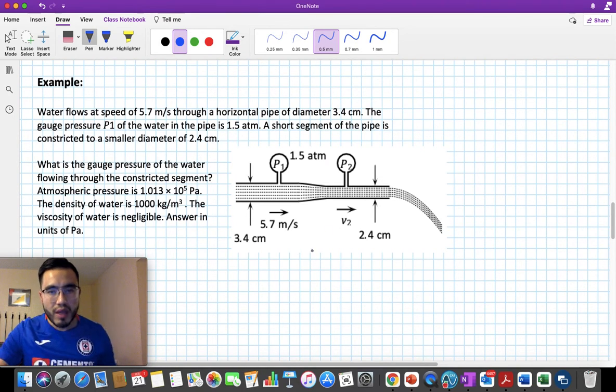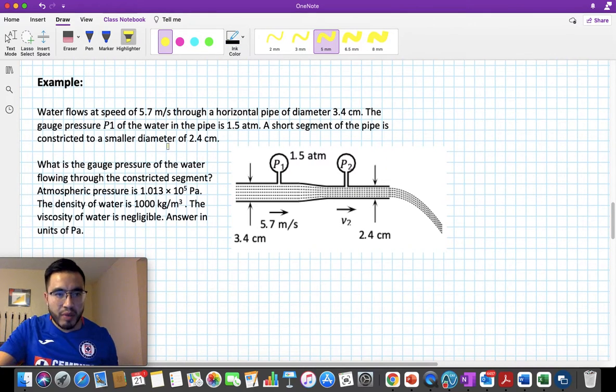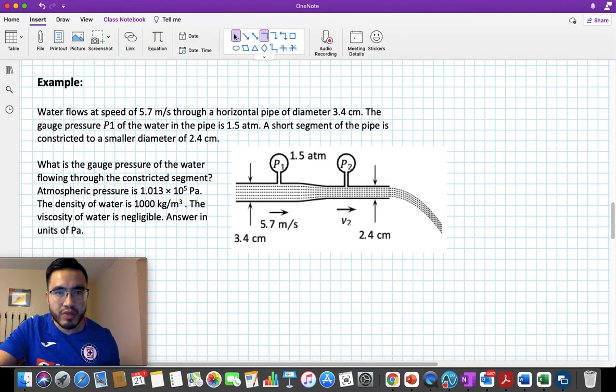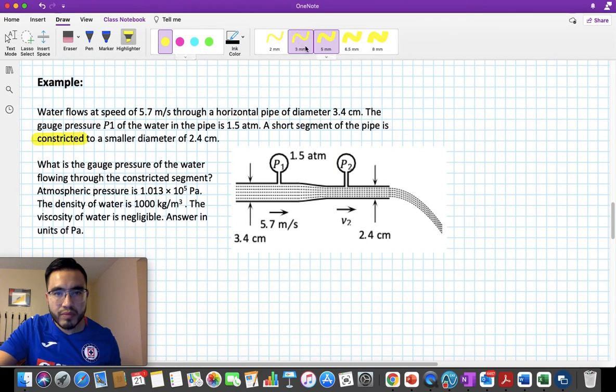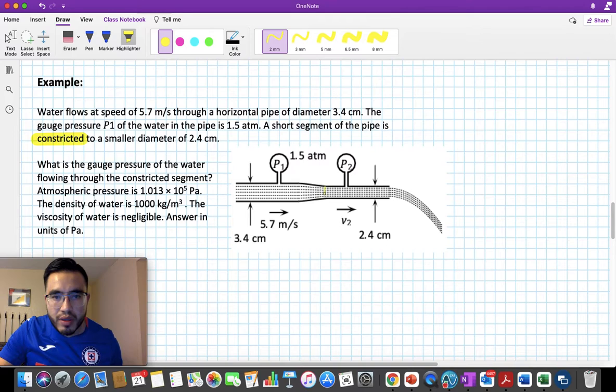Okay, this one looks a little bit complicated, but first let's define what they mean by constricted. So this over here, constricted. I think it's somewhat obvious, but if you don't see it, it's okay. What that means is, exactly at this point, the diameter is less.